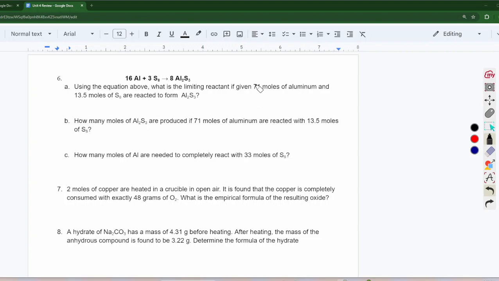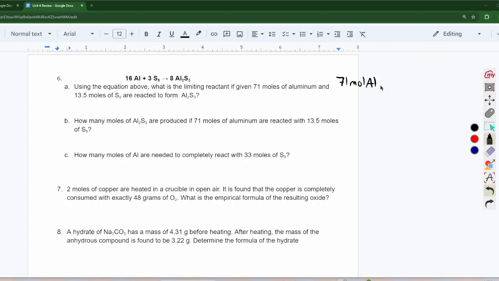Let's pretend that I wrote the reactants the right way. There's a way that I haven't said this before; I'll say it now, maybe it'll make more sense. So if I have 71 moles of aluminum, one way to look at it is this equation is telling us that we need 16 moles of aluminum for every one reaction.